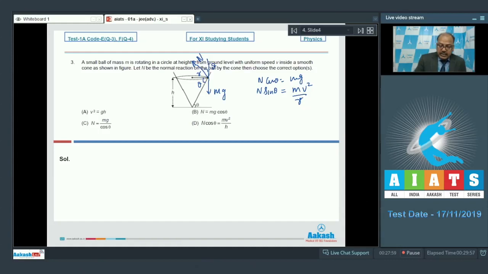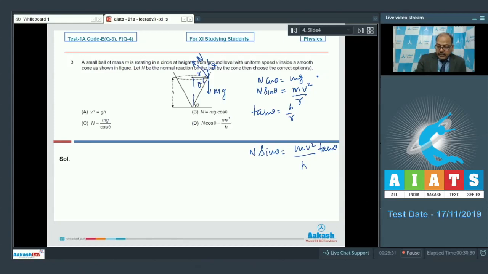We can also see in this triangle that tan theta equals h by r. So we can replace r by h by tan theta. So we get N sin theta equals mv square by (h by tan theta). Let's look at the options again.